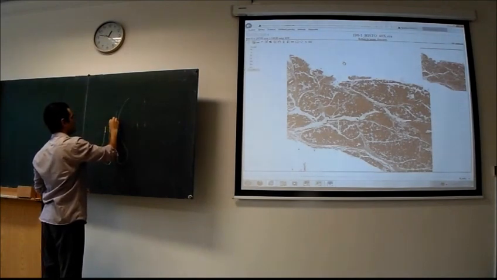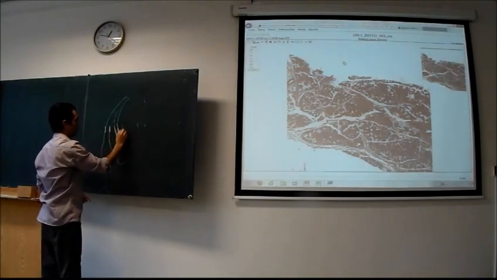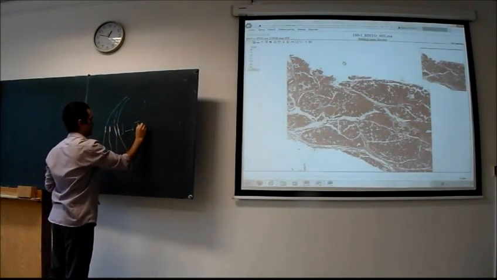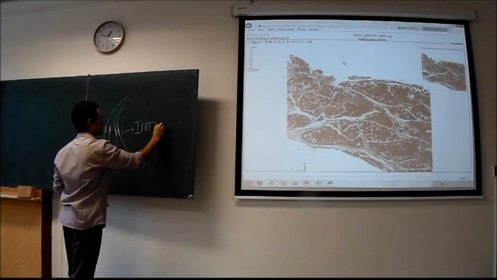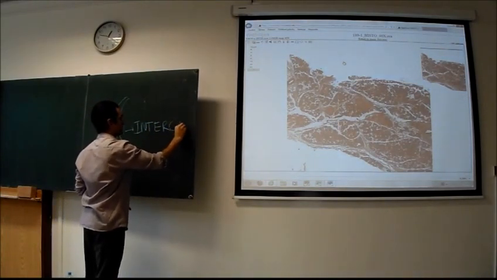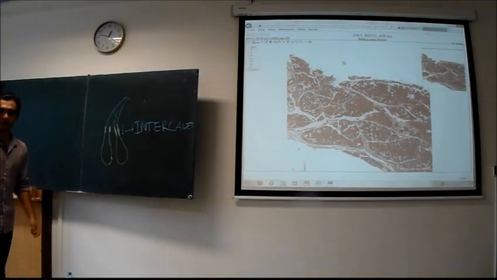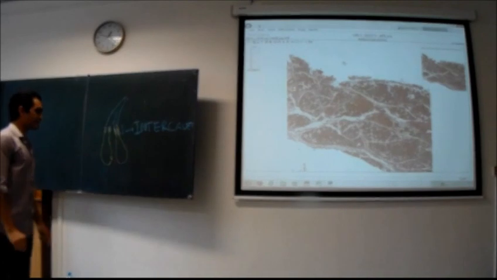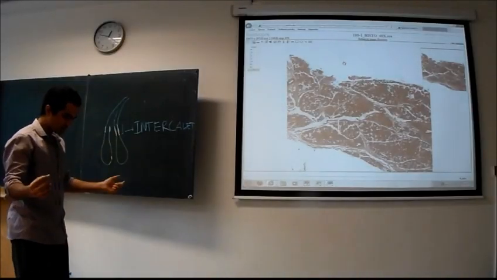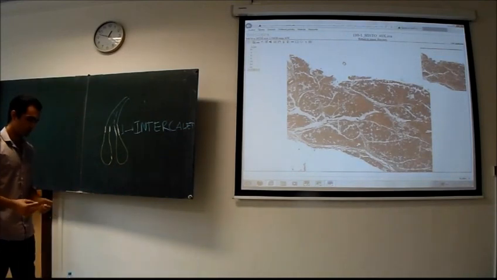I'm just going to write half of the word, but you will understand. This portion is called the intercalated duct. More intercalated ducts go in, combine, and go into the striated duct.